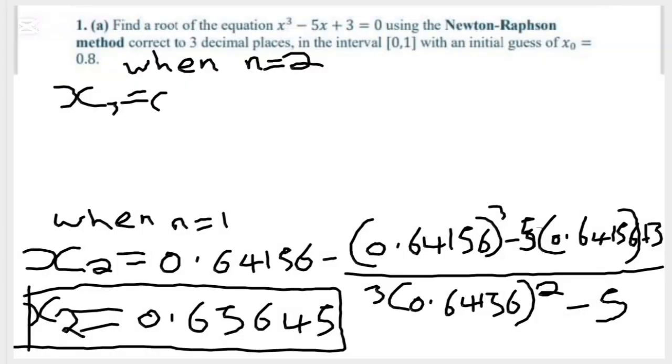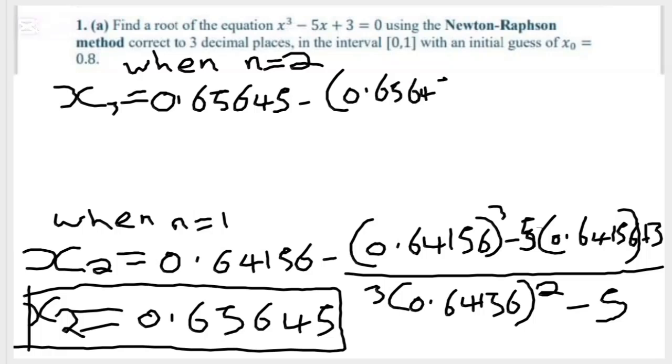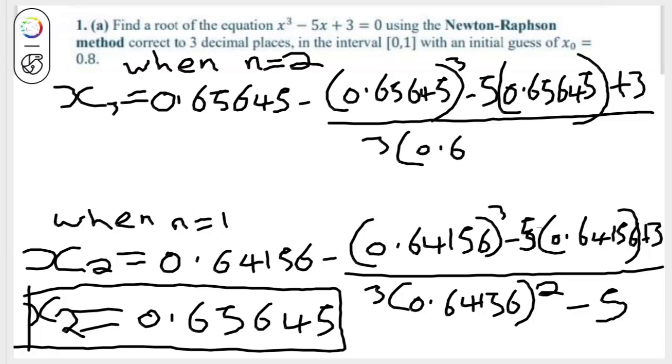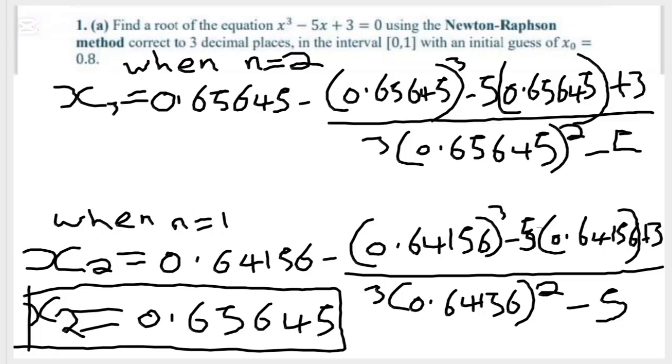So I would say 0.65645, I have to subtract the same thing, which is the x2, 0.65645 to the power of 3, and therefore minus 5, also 0.65645, and I have to add 3 and divide it by 3 multiplied by 0.65645 squared minus 5.